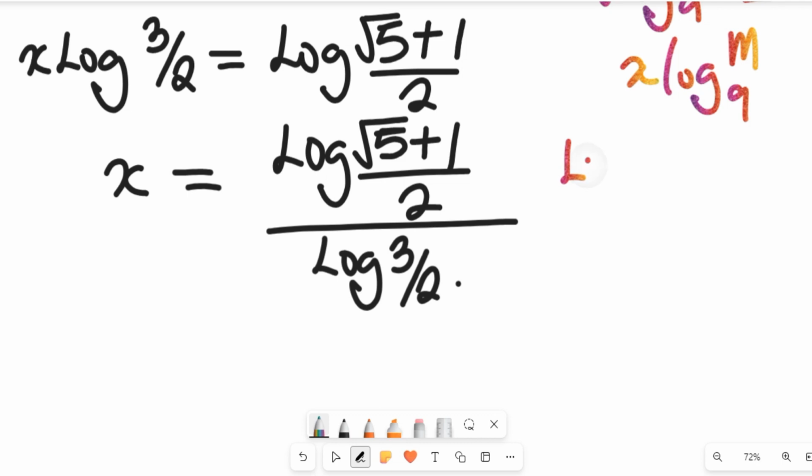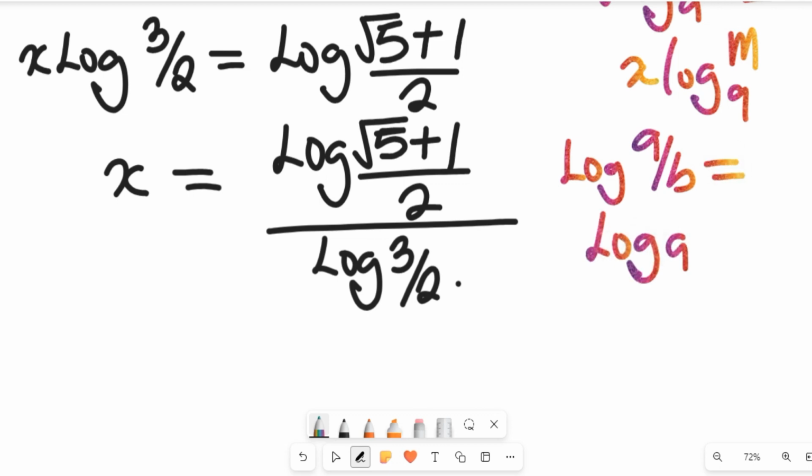From the law of logarithm, we will have the log of a divided by b. This can be equal to the log of a minus the log of what? Log of b.